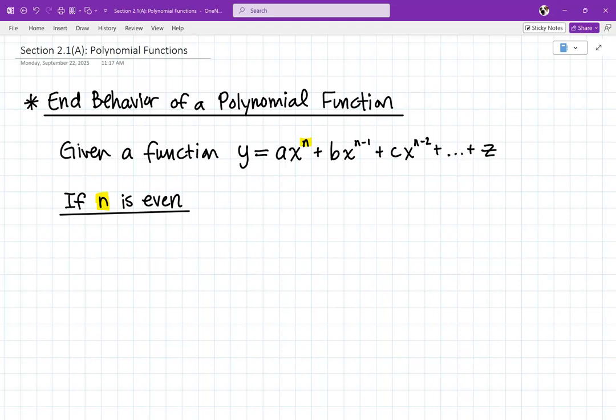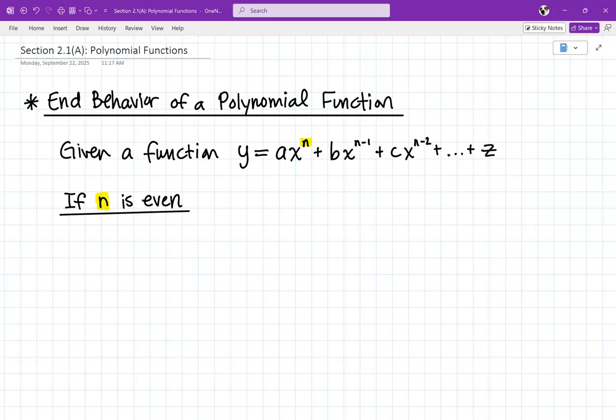Like the degree, as they would call it. So for us, the degree is the letter n, the highest power, okay? If n is even, so in other words, if you had a function that said x squared, x to the fourth, x to the sixth, x to the eighth, x to the 10th, if n is even, okay?